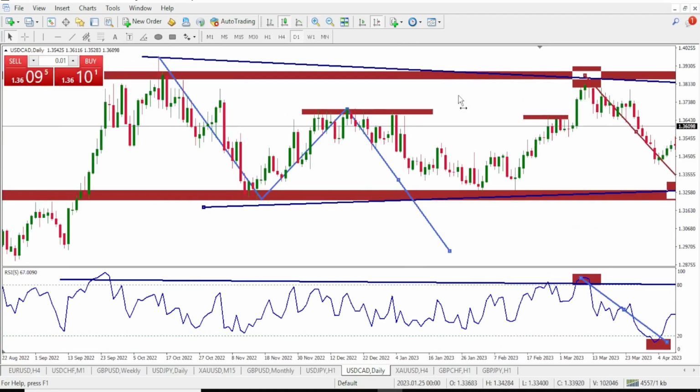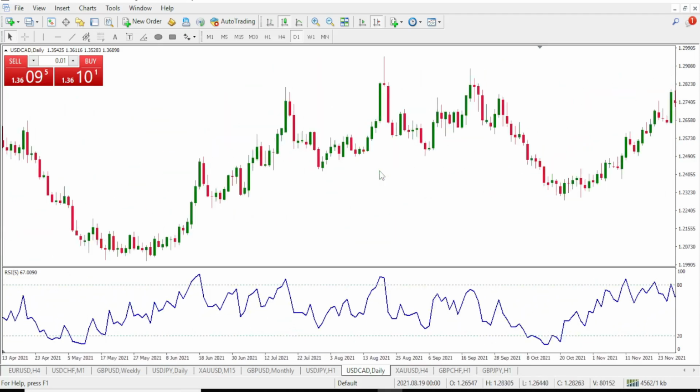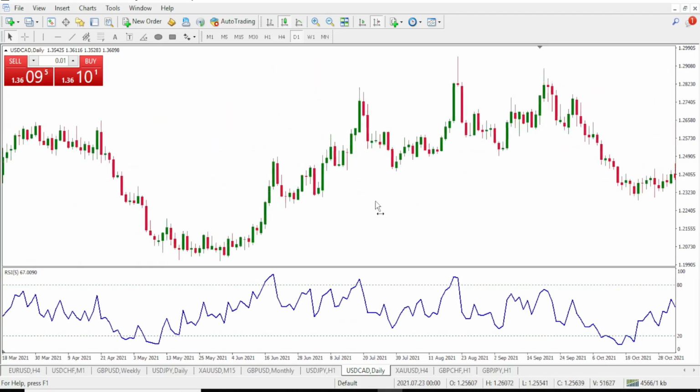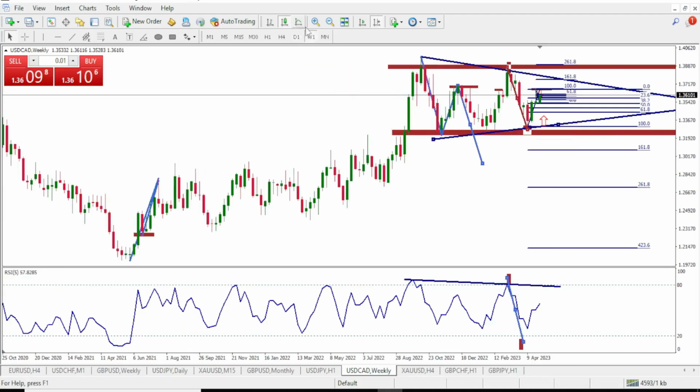Now let's go back a little bit into the past, and let me give you some examples. Here you see a nice impulsive wave, another nice shorter impulsive wave. Even this was a break of this, just like we have seen right here.